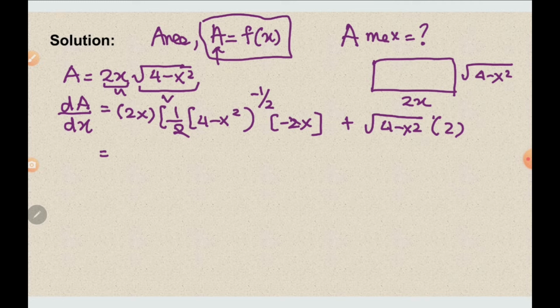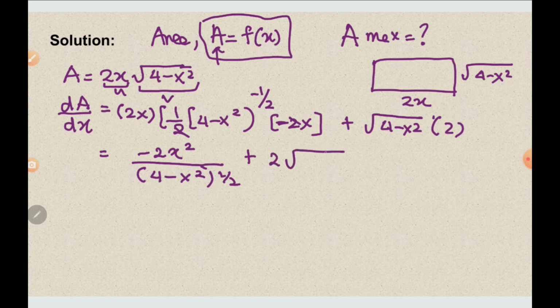So you simplify, you will get negative 2x times x, negative 2x squared over square root of 4 minus x squared. Negative 1 over 2 is brought down to be 1 over 2, plus 2 times square root of 4 minus x squared.